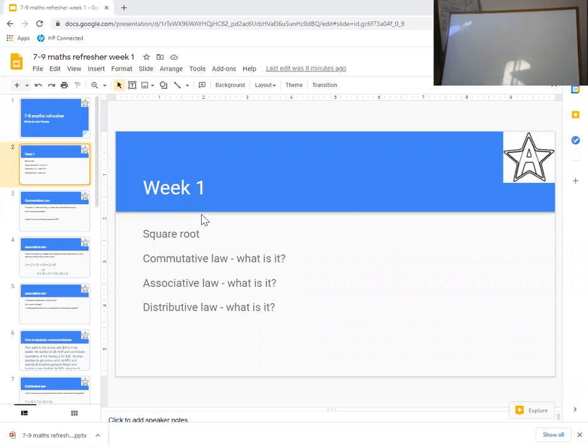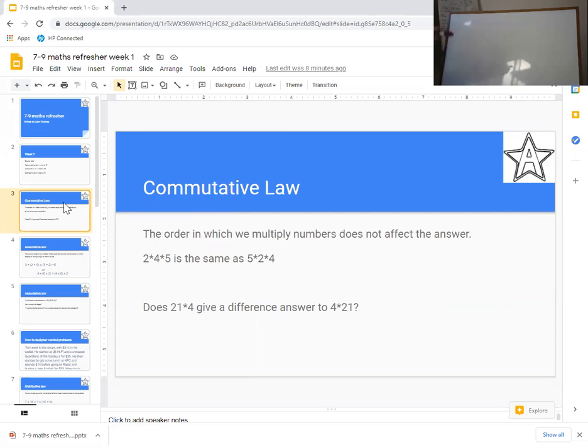So we have the commutative law, the associative law, and the distributive law. These are the 3 cornerstones of algebra and really important to have a good grounding. They teach them in grade 6 and 7 because in grade 8, 9, 10 you're expected to know them. So, simple test.